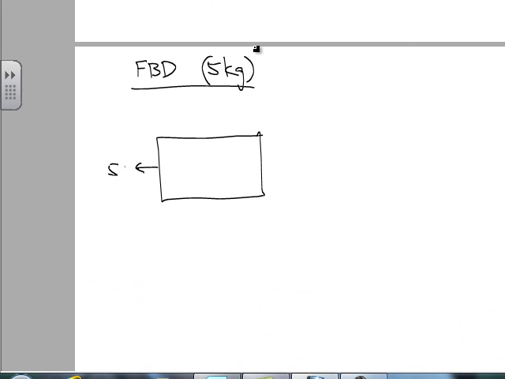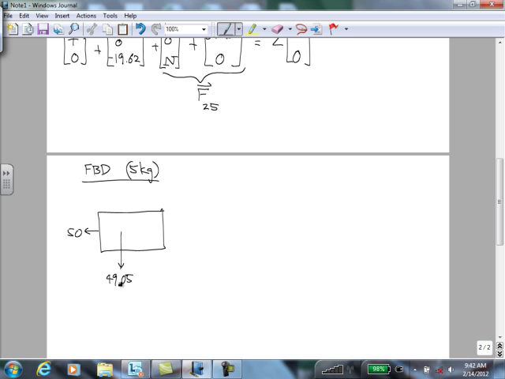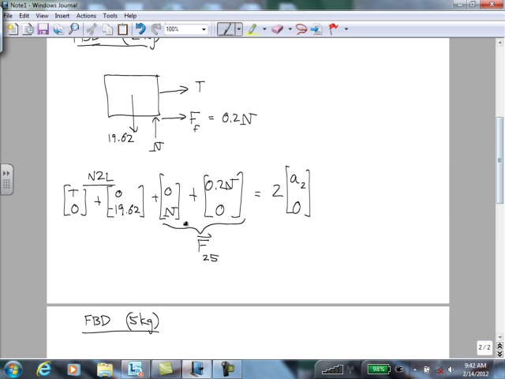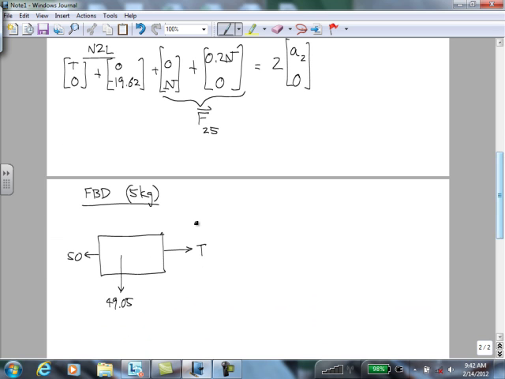Okay, so we have, for the 5 kilogram box, the 50 Newton force. We have the force of gravity, which is 49.05. We have this cable tension that has to have the same magnitude as this cable tension because of the pulley.